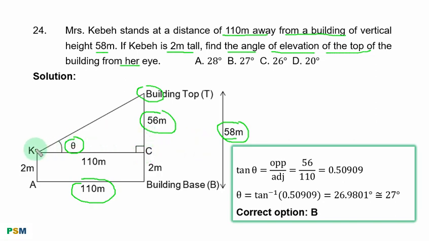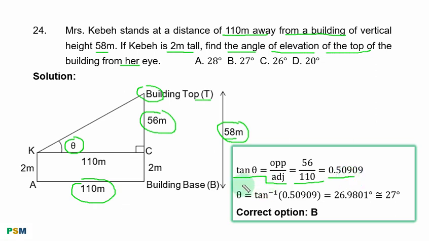In triangle KCB or T, top of the building, we can get theta. This is opposite adjacent. So tan theta is equal to opposite over adjacent. That is 56 over 110 equal to 0.50909.